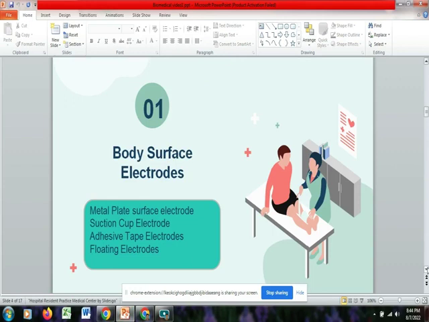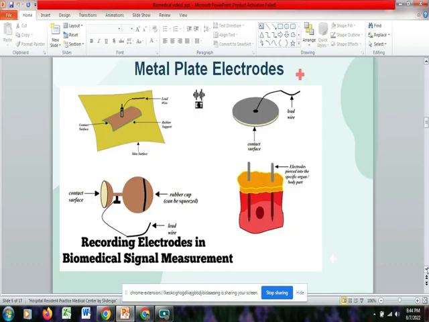The first one is body surface electrodes. Body surface electrodes have four types: the metal plate surface electrode, suction cup electrodes, adhesive tape electrodes, and floating electrodes. I will show them here.